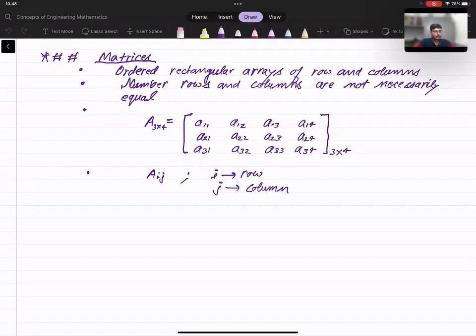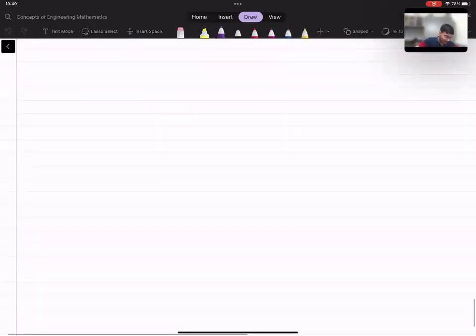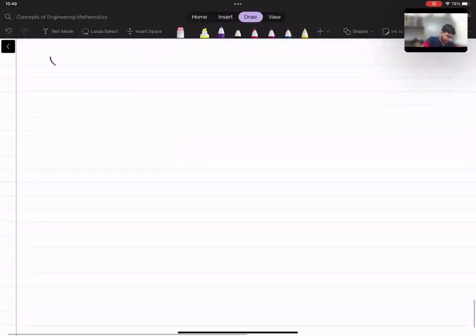Now let us see various types of matrices, means how these matrices are classified.